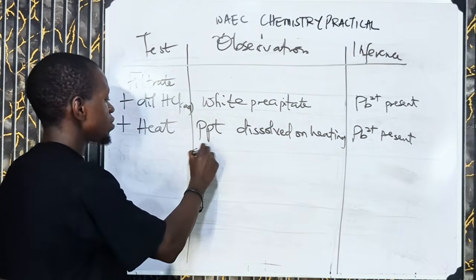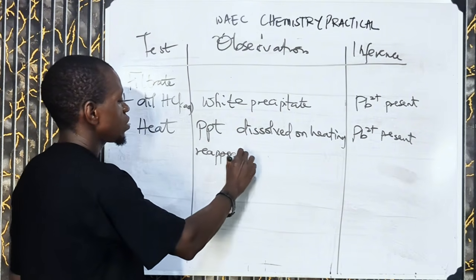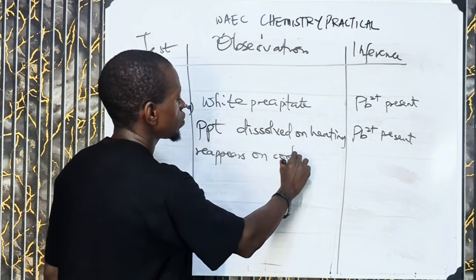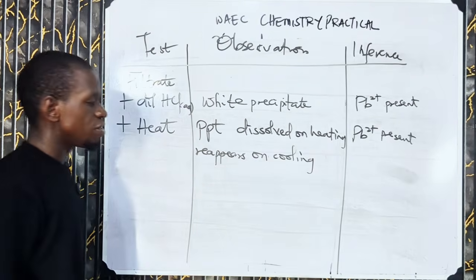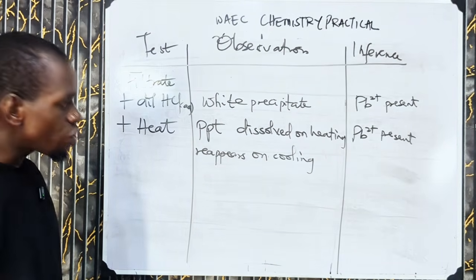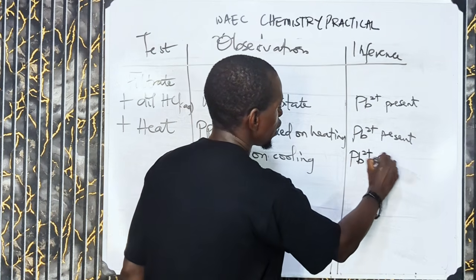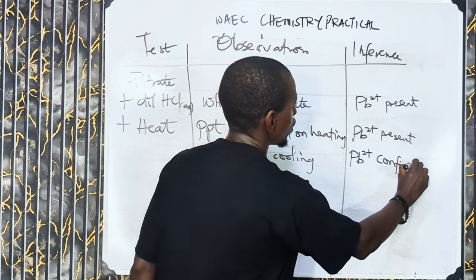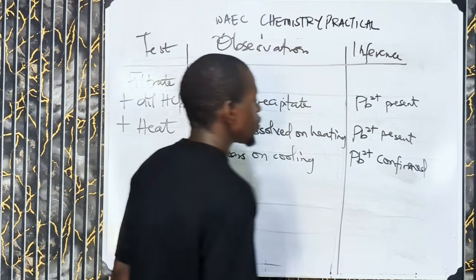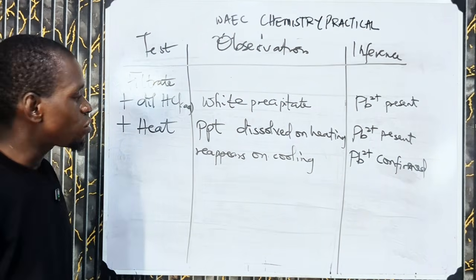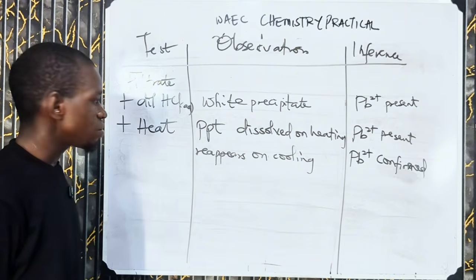Then the PPT reappears on cooling. If you remove the heat, it reappears on cooling. And what does that ensure? Again, it's also confirmed that our lead ion is present. Lead ion confirmed. So it's now confirmed the presence of lead ion.